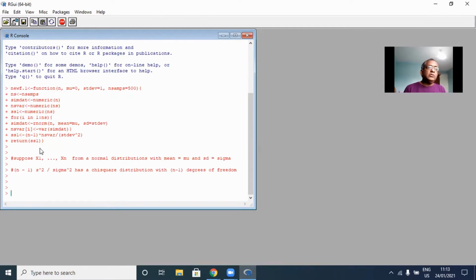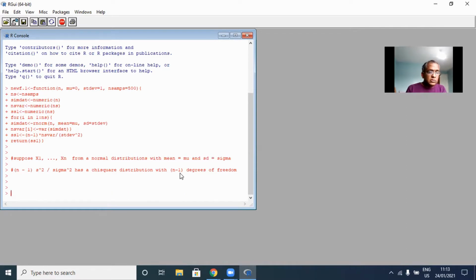The first thing I'm going to do is generate values of n minus 1 s squared divided by sigma squared and see what kind of distribution they have. Theoretically, they should have a chi-square distribution with n minus 1 degrees of freedom. So let's do that.